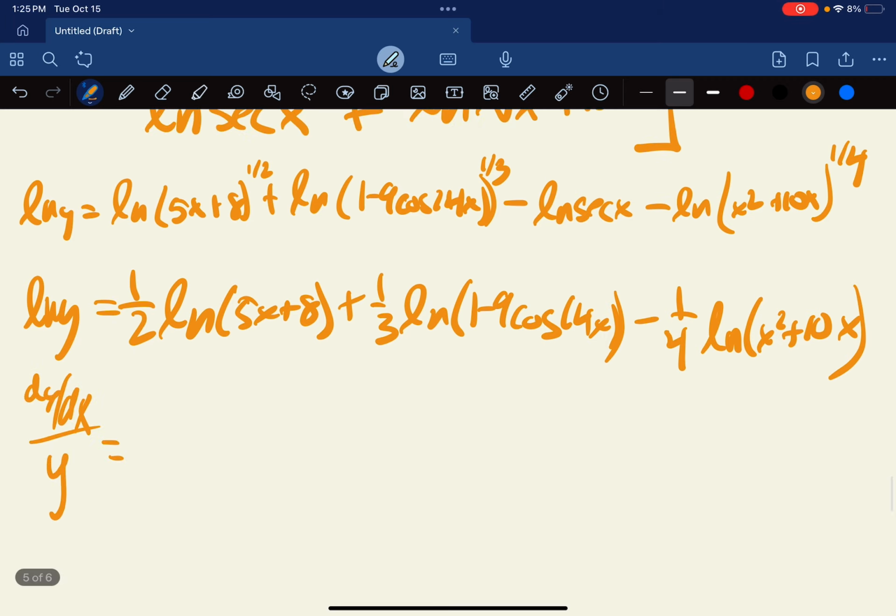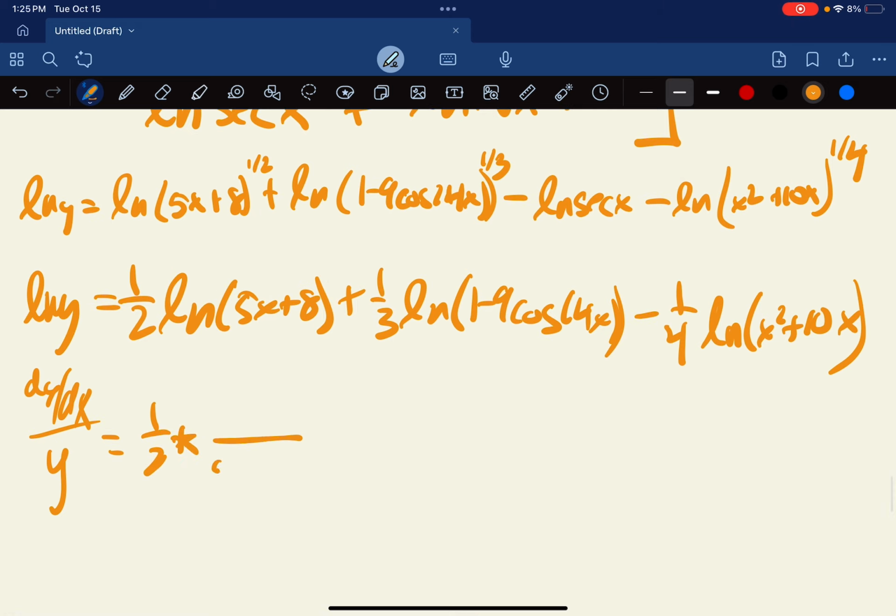So this is going to be 1/2 times 5x plus 8 goes down in the denominator. Derivative of that is 5, goes up in the numerator. 1/3 times 1 minus 9 cosine of 4x goes down in the denominator.